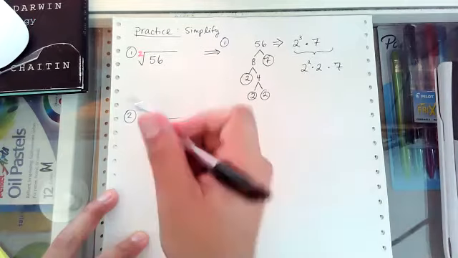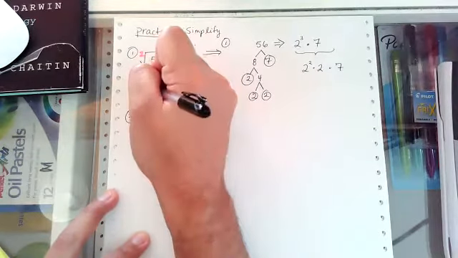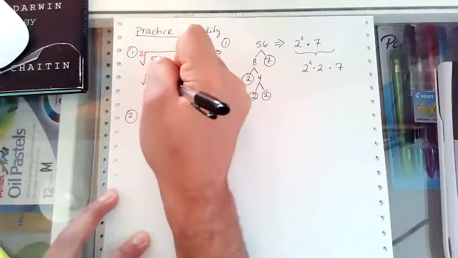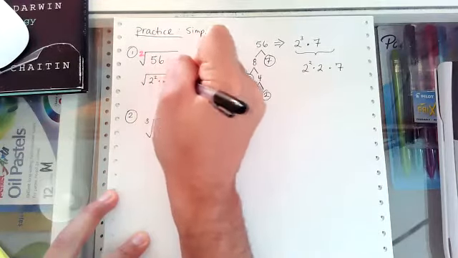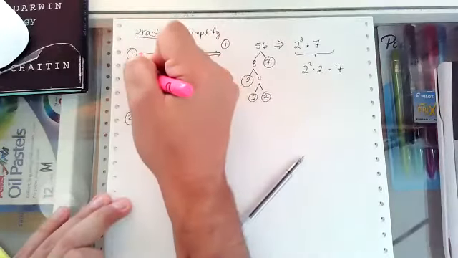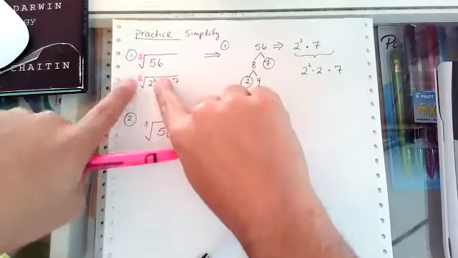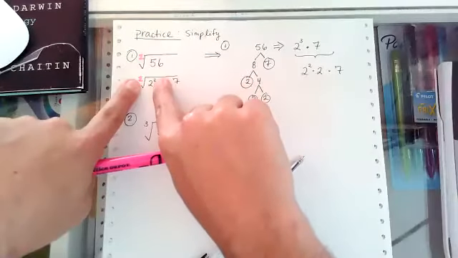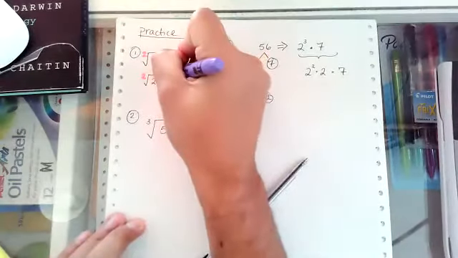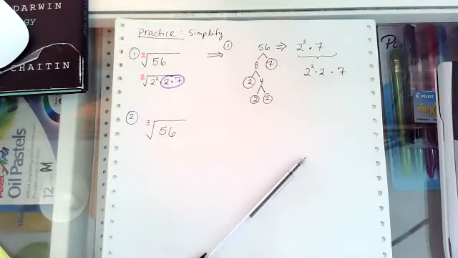What we can do now is rewrite the radical expression, which is the square root of 2 squared times 2 times 7. And you'll notice that the index of the radical is going to cancel out this exponent, but we're going to have to keep our 2 and our 7, the extra 2 and the 7, together, because they don't have a square.